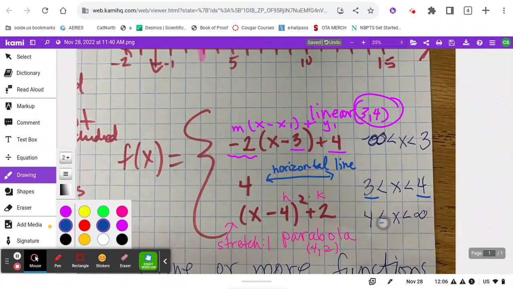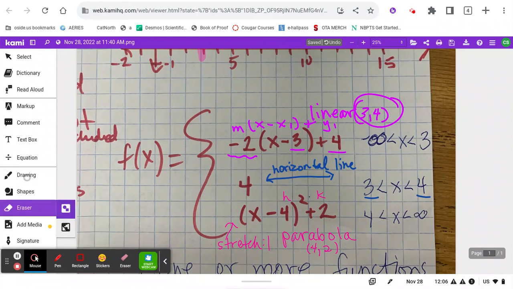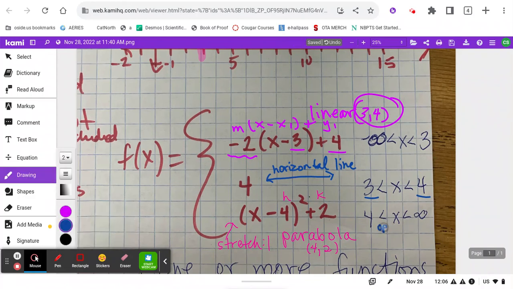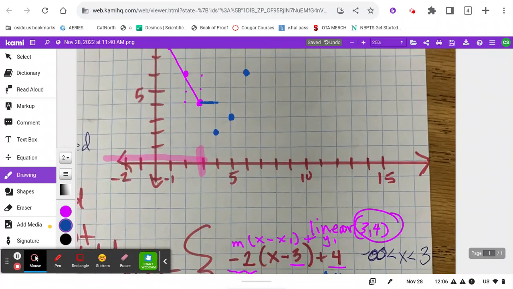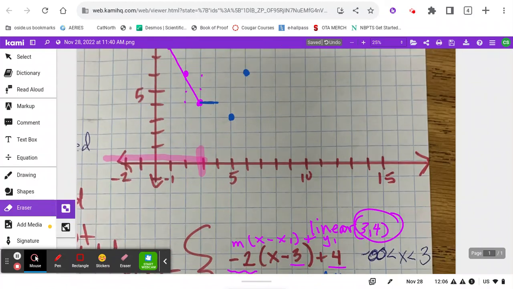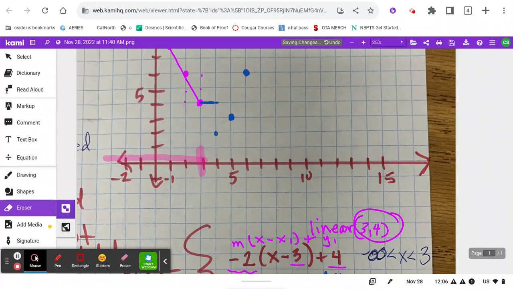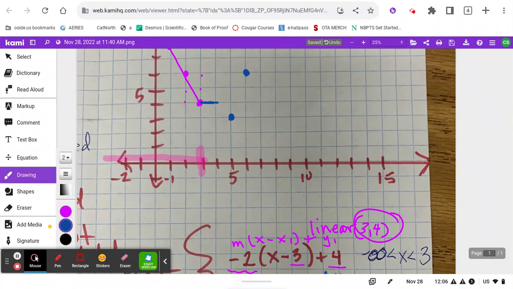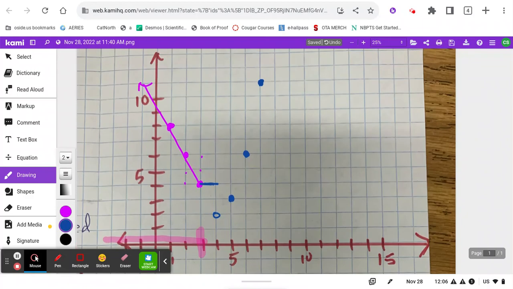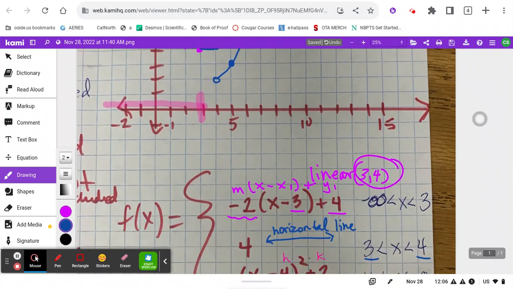Okay, notice that this right here does not have an equal to bar. So that means that this dot is open or not included. So I'm going to go down here and change this beginning dot to an open dot. Oops, not a very good open dot. And then I'm going to connect my parabola, which is essentially like a hook. It's like half a parabola because that's where the domain started.